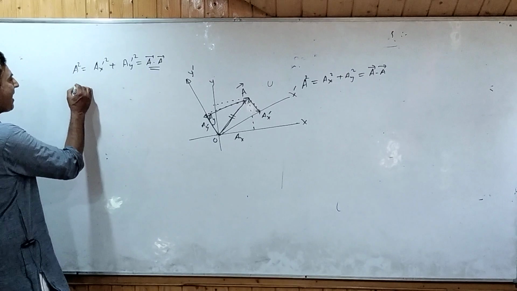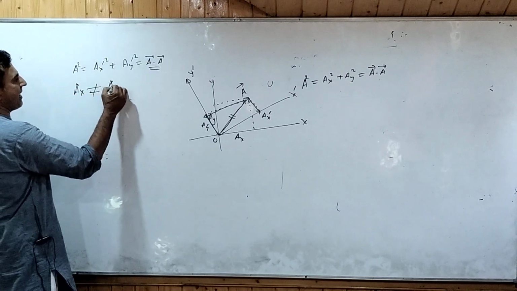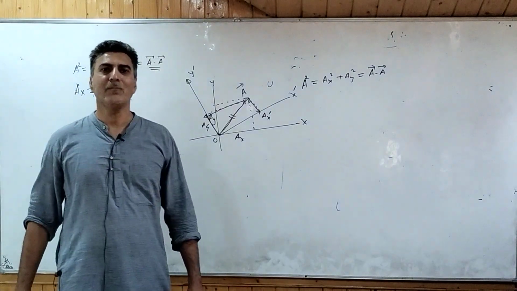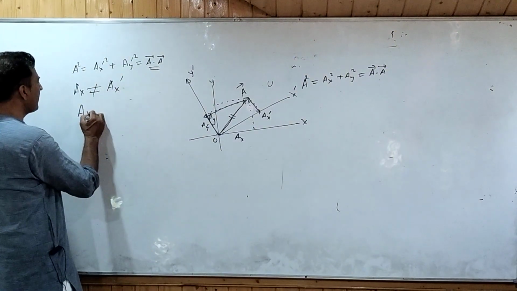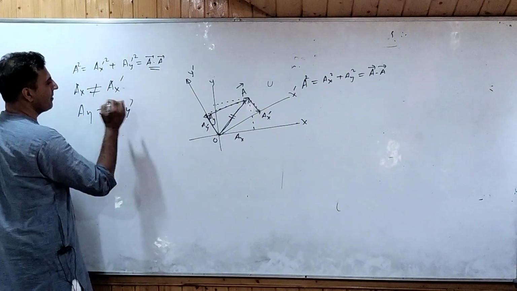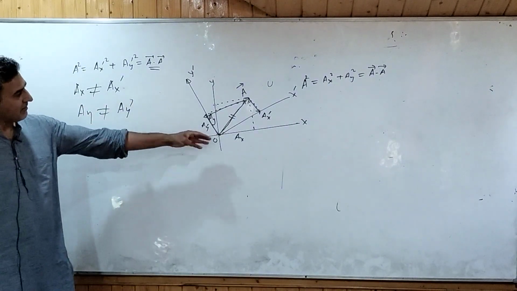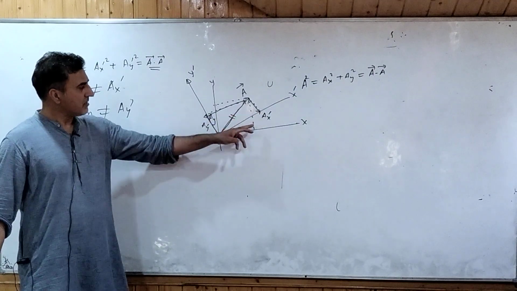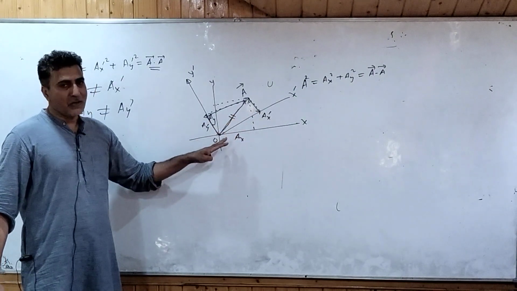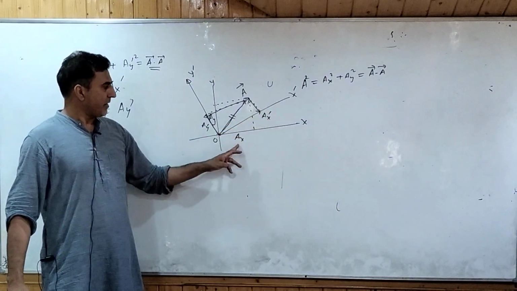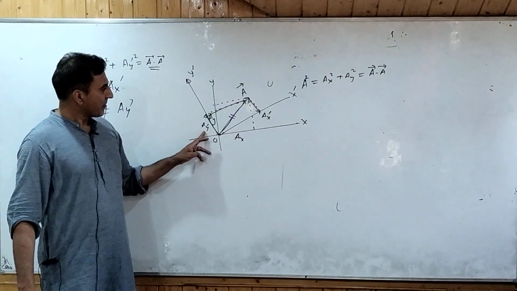Of course, ax is not equal to ax prime. The components have changed when you rotate a coordinate system. Ay is not equal to ay prime. They are not equal, as you can see.